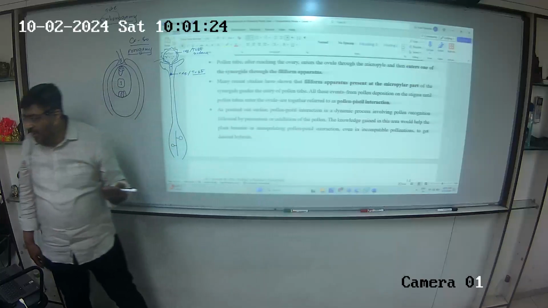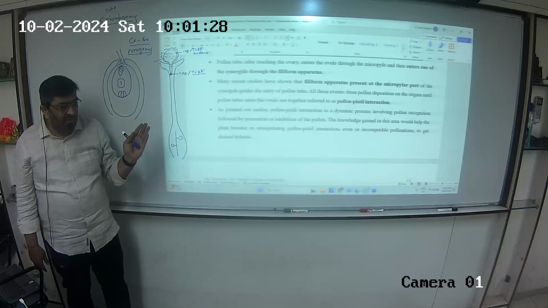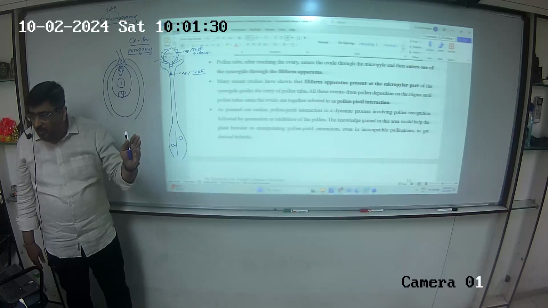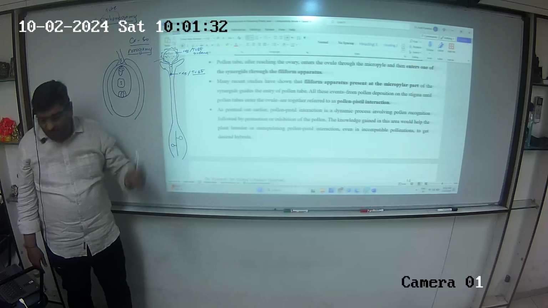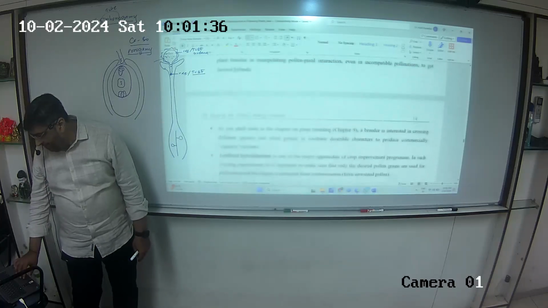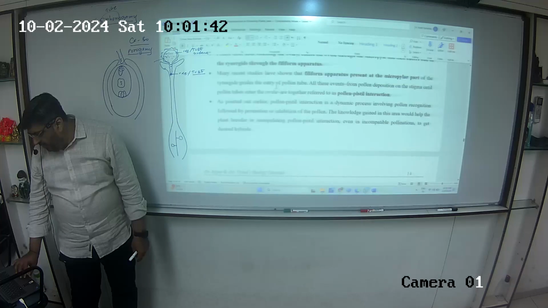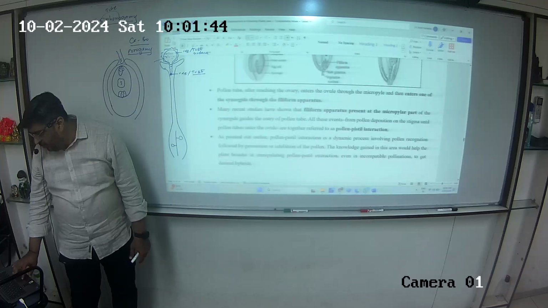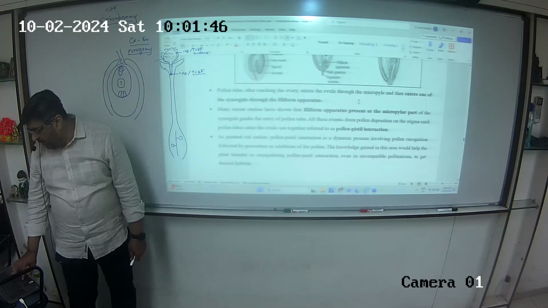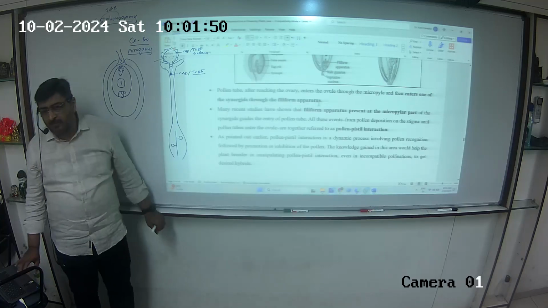So how do the male gametes reach the embryo sac? Via a synergid. That is where the role of the filiform apparatus comes into play. As pointed out earlier, the pollen tube after reaching the ovary enters the ovule through the micropyle, and enters one of the synergids through the filiform apparatus.